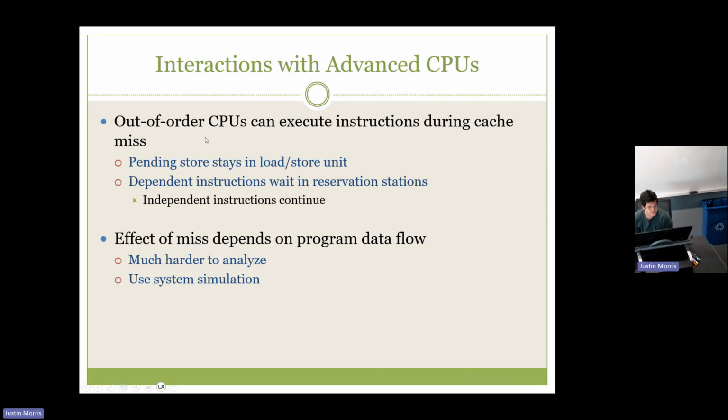So rather than just stalling for those hundreds of cycles when you have a cache miss, the out of order CPU can try and find some instructions ahead that are independent that it can execute. So this hides some of the performance hit of getting a cache miss.